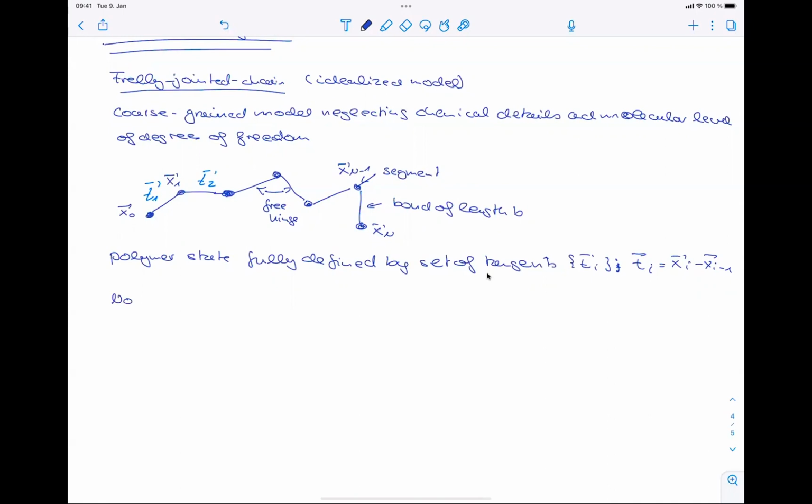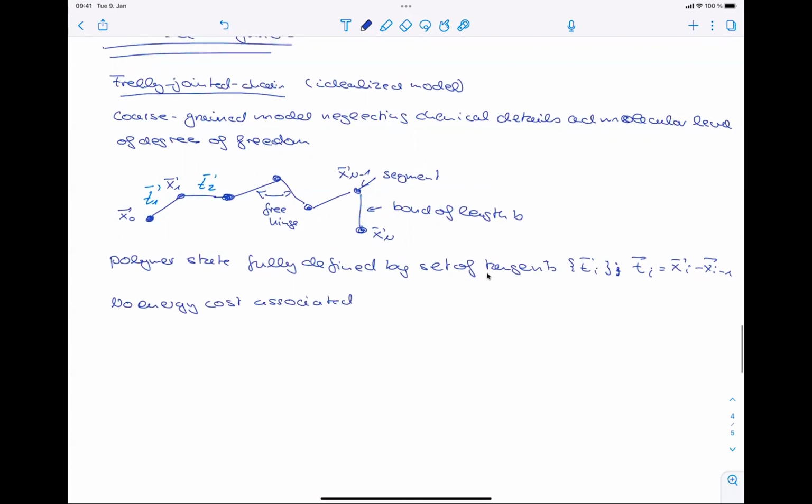We here assume that there's no energy cost associated with the polymer state.